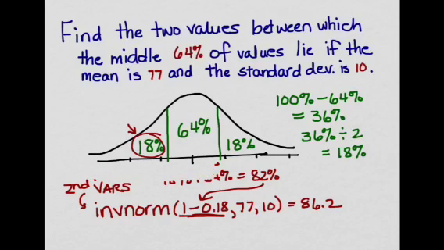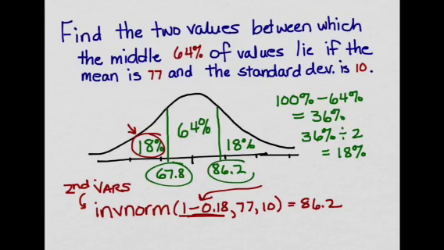So for my final answer, what we see is that this was 67.8, and this is 86.2, and those are our left and right boundary values. And that's how you do that problem.